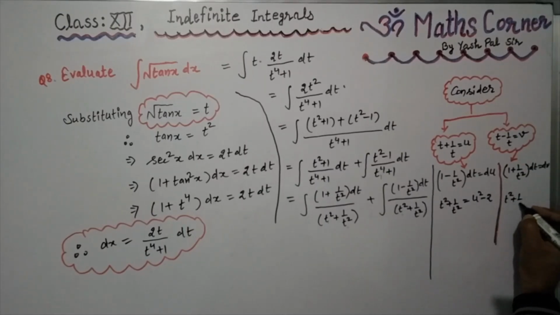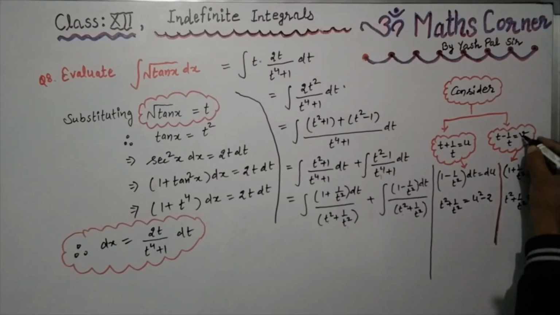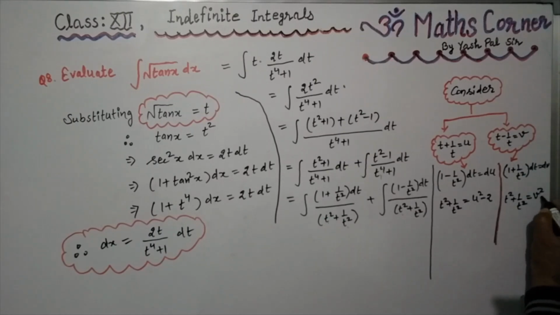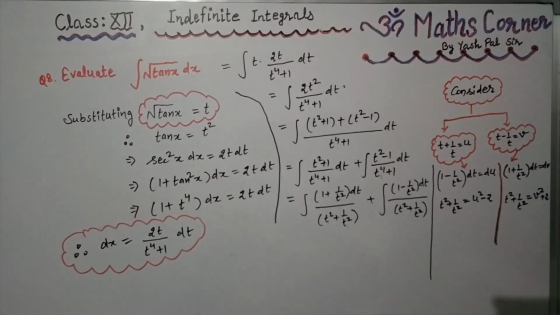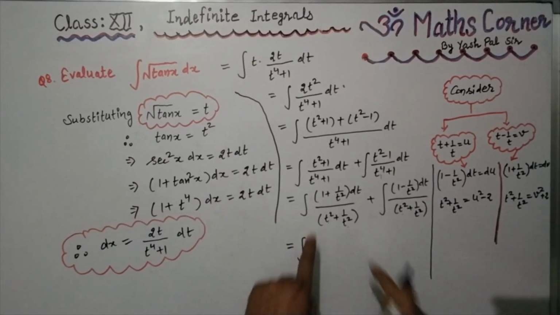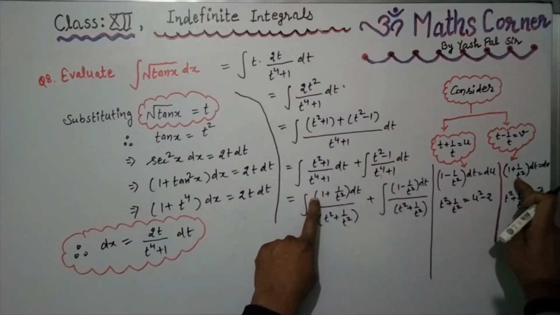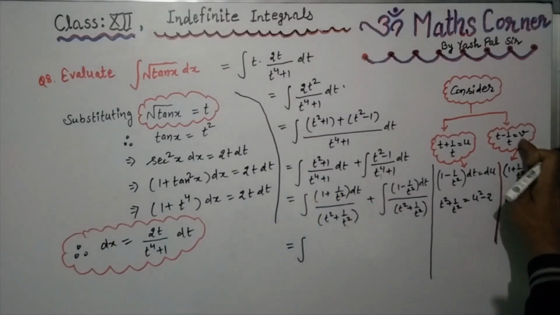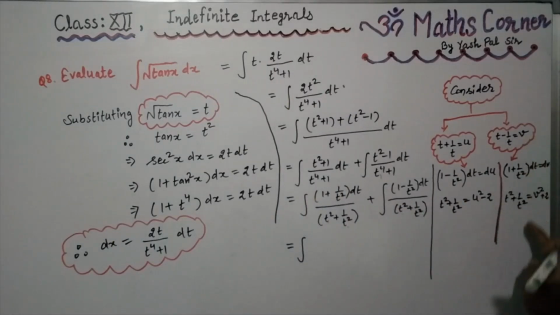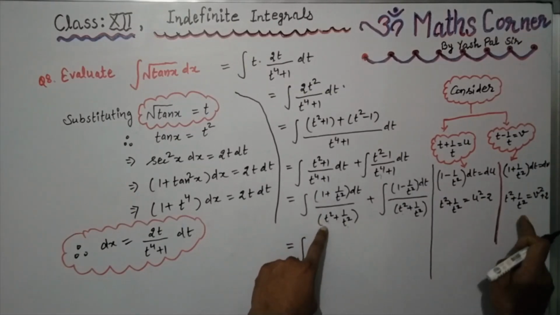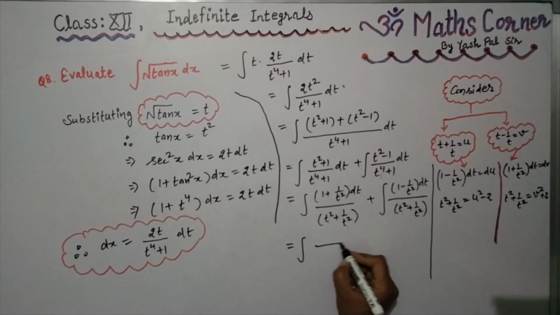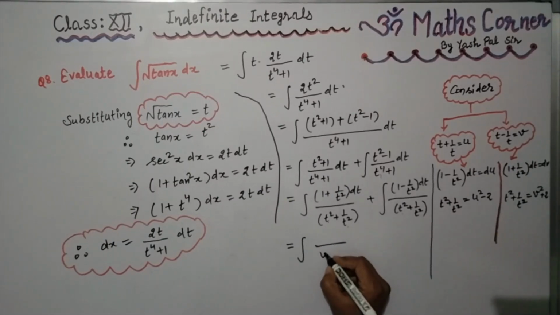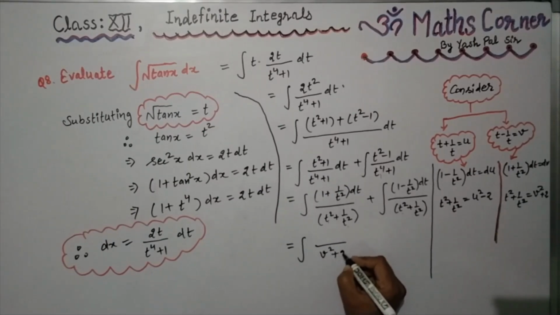Now taking the square of this, t square plus 1 upon t square is equal to u square minus 2. Here this becomes t square plus 1 upon t square equal to v square plus 2. So applying these values here, 1 plus 1 upon t square is here.